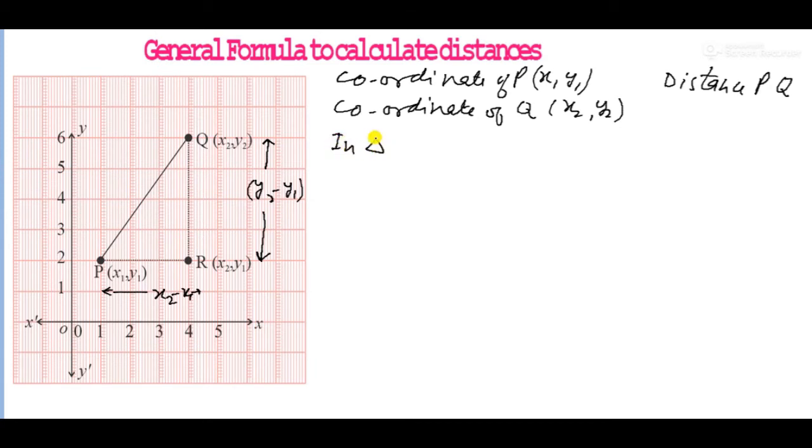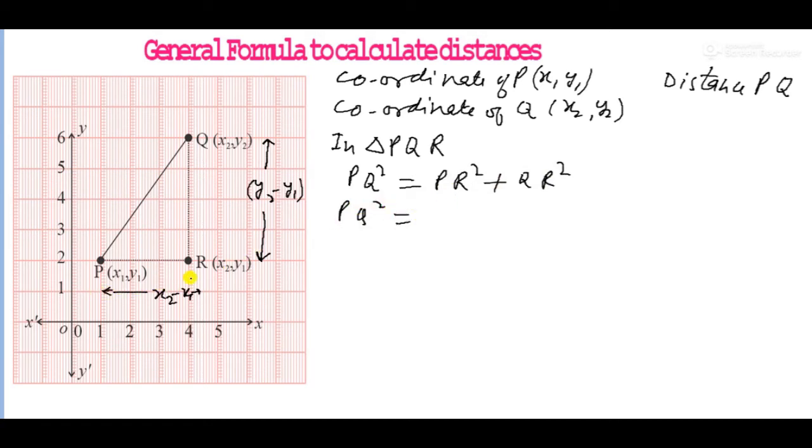So in triangle PQR, by Pythagoras theorem, you know PQ square is equal to PR square plus QR square.